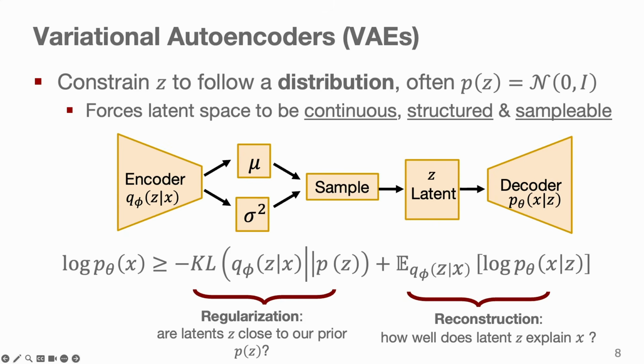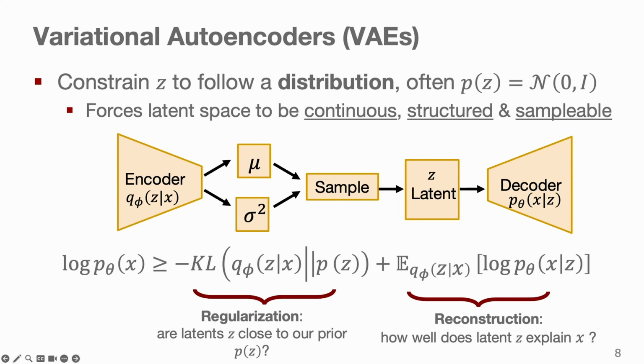And so the reconstruction loss here is similar to the naive autoencoder, just that now we have an expectation as Z is not deterministic anymore. Right? So now we are asking, on average, over all the Zs I might sample, given this X, how well does the decoder recover the original X?